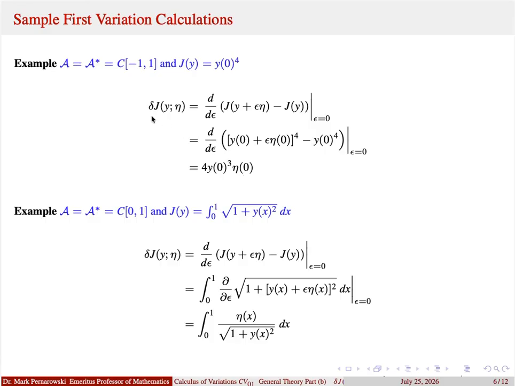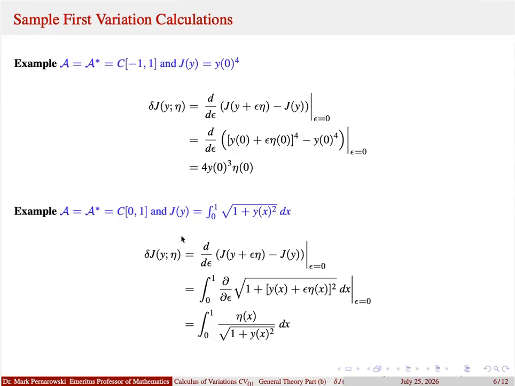That's the very first variation of that functional for any eta. So you tell me what y is, and you tell me the direction eta for the variation, and I will tell you the first variation. It's this. And I can see now that the requirement that it vanish means that this term here is going to have to vanish.